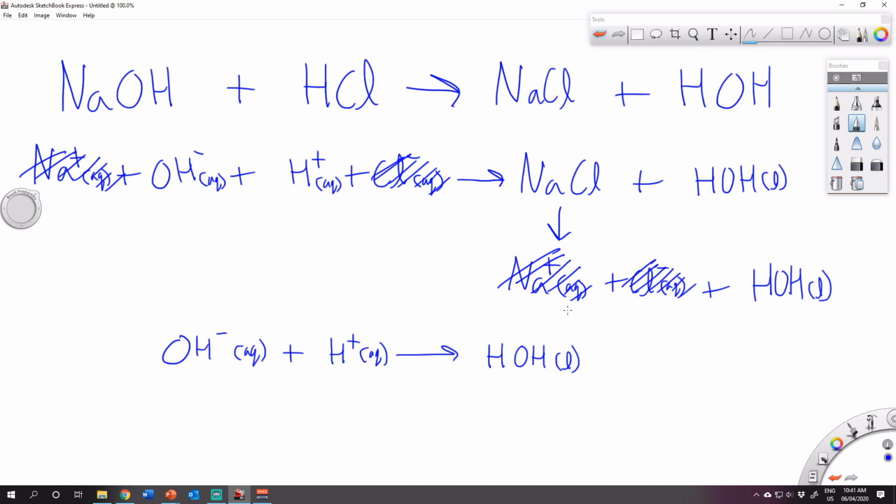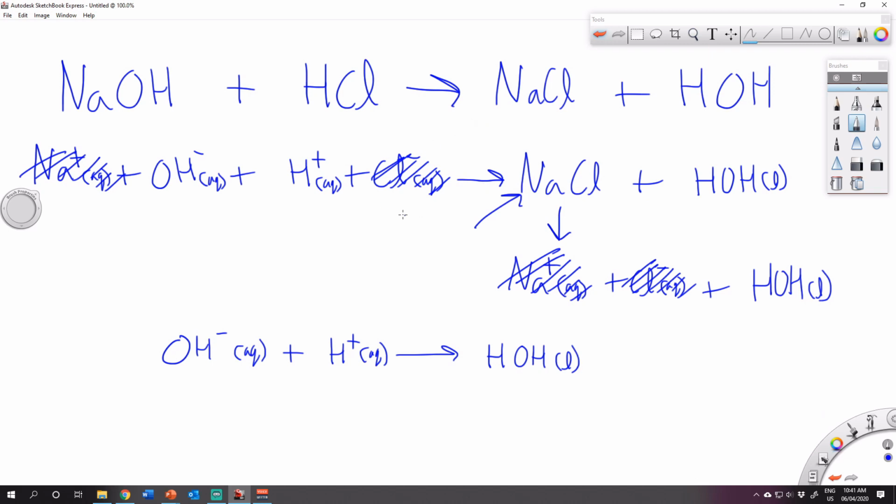There are a few exceptions. Generally speaking, if the salt ends up being something like a silver chloride or a lead chloride, something that makes an insoluble compound, then obviously your net ionic reaction will actually be bigger.